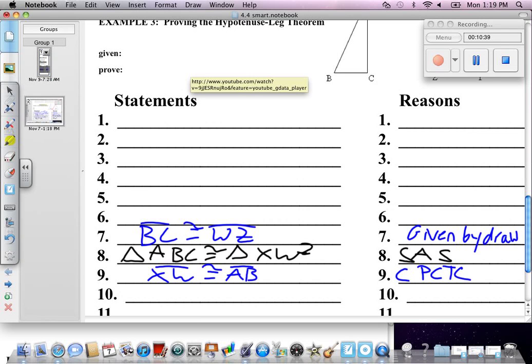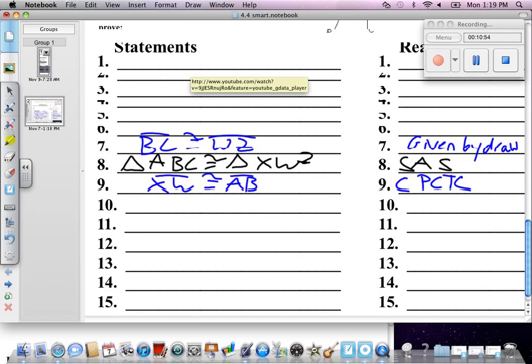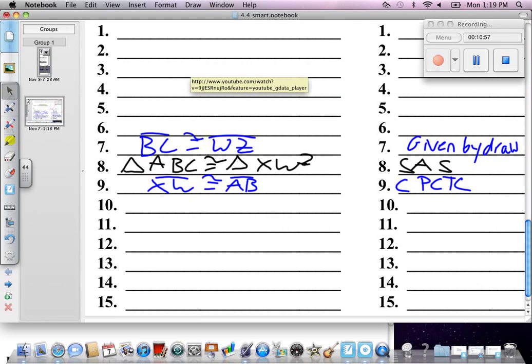If the triangles are congruent, all their sides and angles must be congruent to each other. What's the reason for number 9? Corresponding parts of congruent triangles are congruent. If the triangles are congruent to each other, all the parts must be congruent, right? That makes sense? Yes. All right, thank you.